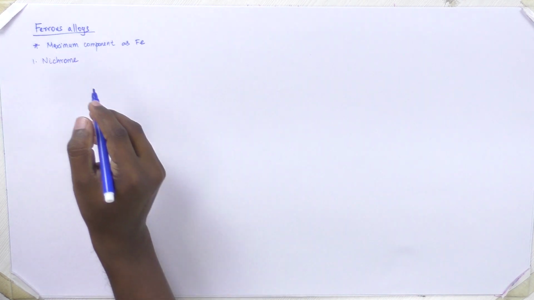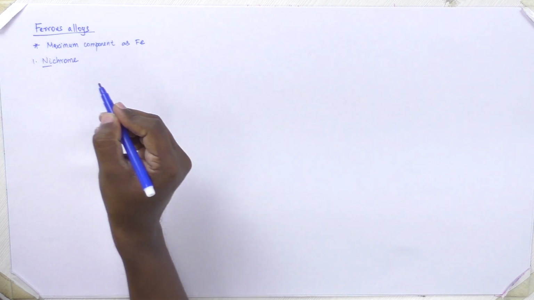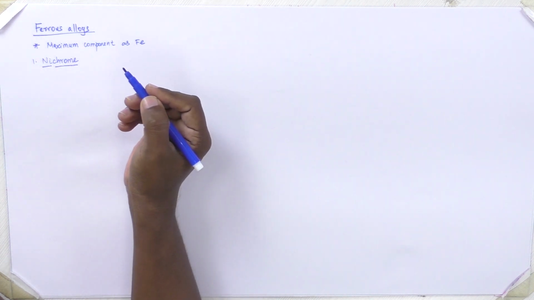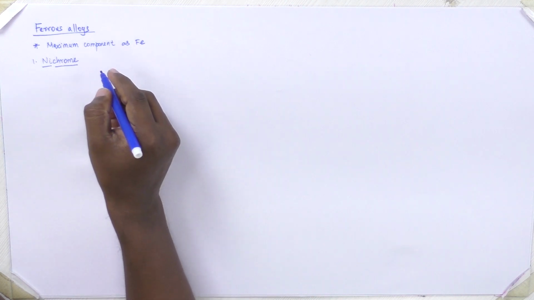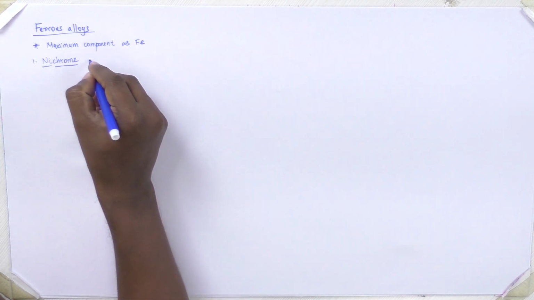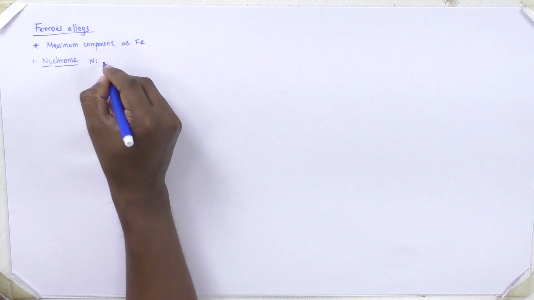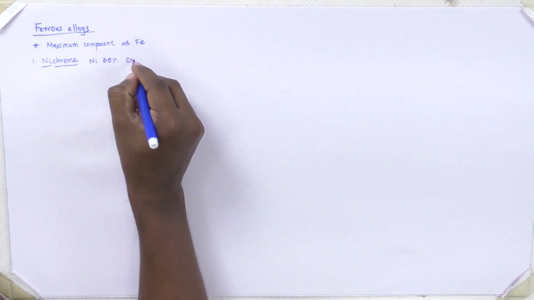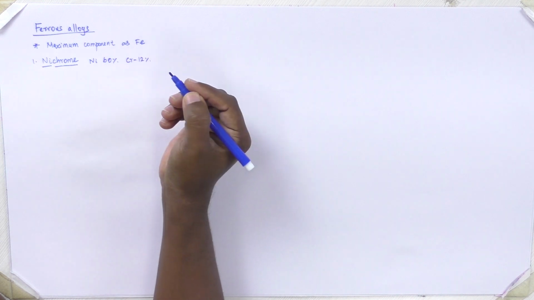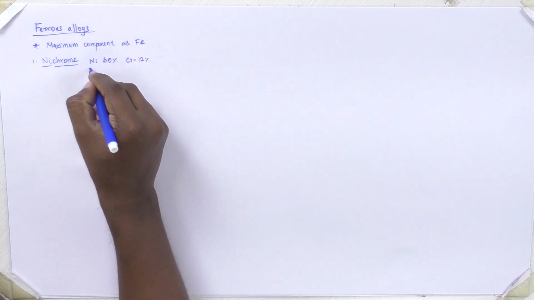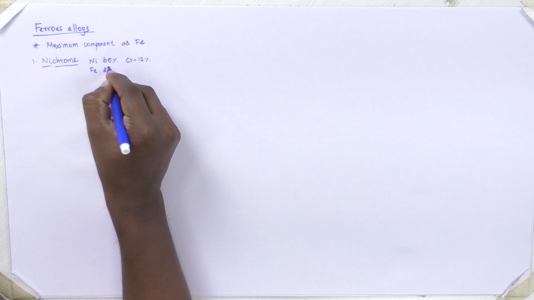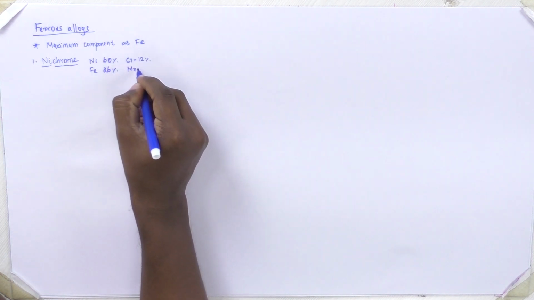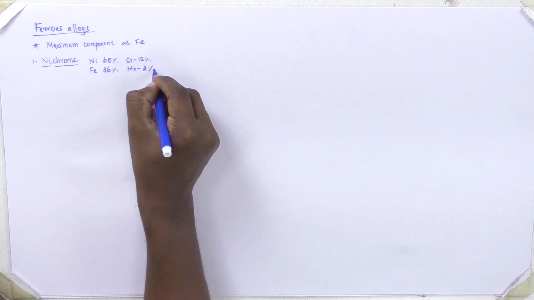As the name suggests, it has nickel as one element, and chromium, another element, apart from the iron metal. So nickel is 60 percent and chromium is 12 percent, and you have iron 26 percent and manganese to a little extent, 2 percent.